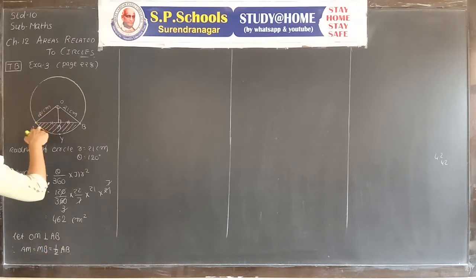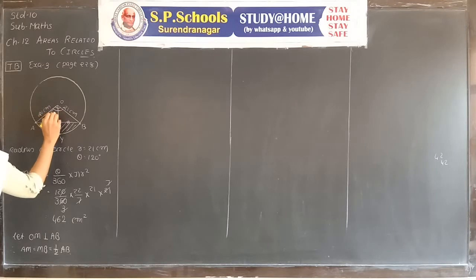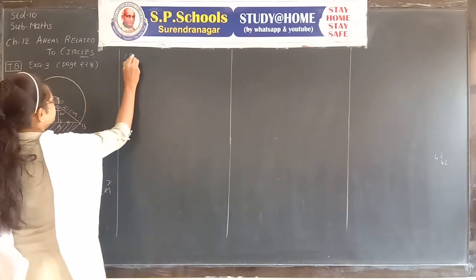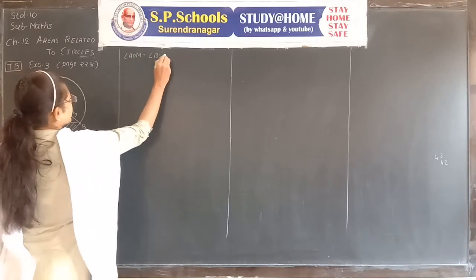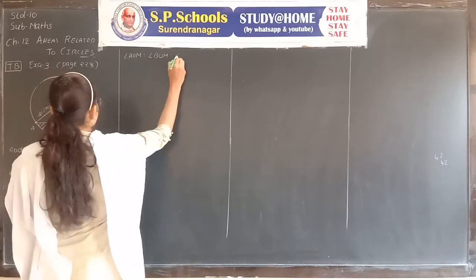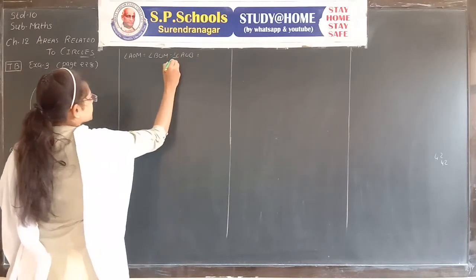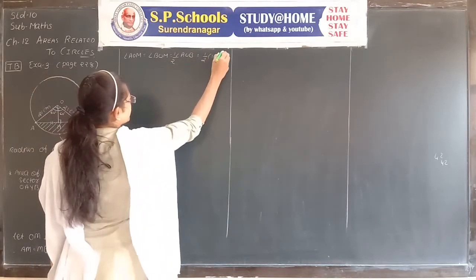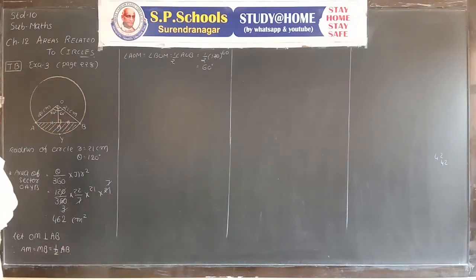OM is the height, AB is the base. Angle AOB is 120 degrees, so half is 60 degrees. Angle AOM is equal to angle BOM, which is half of angle AOB, half of 120 degrees. 2 60s are 120, so this angle is 60 degrees.